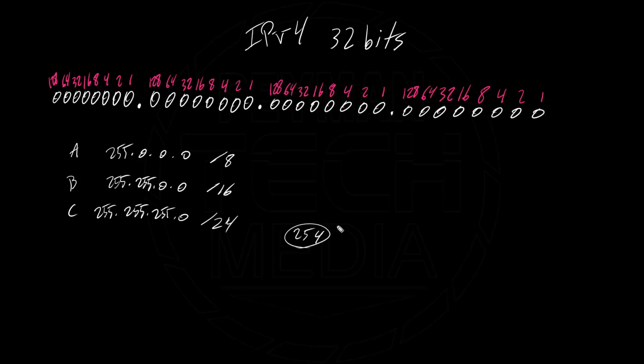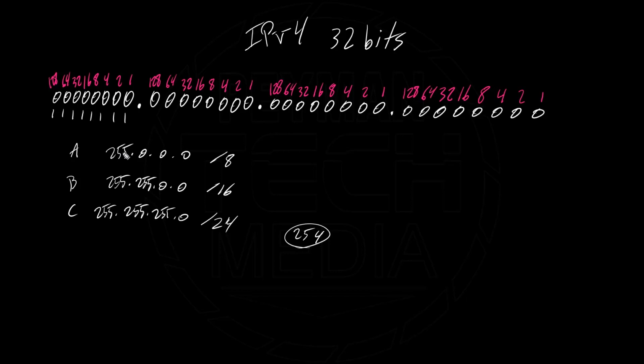But if we quickly go over it, for class A the value is 8, and this 8 means we have 1, 2, 3, 4, 5, 6, 7, 8 bits already turned on, going from left to right. These are the network bits. And if we add the decimal values, 128 plus 64 plus 32 plus 16 plus 8 plus 4 plus 2 plus 1, that's 256.